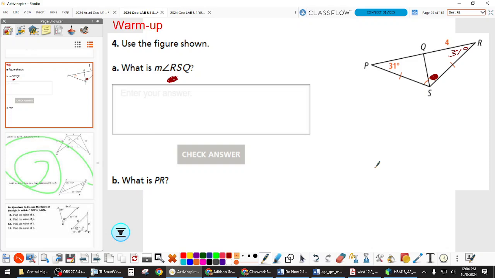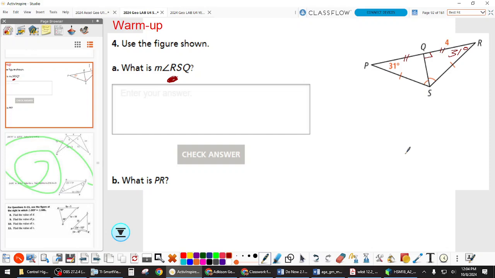Good. And the fact that those two angles are congruent is a pretty big deal, because what is that telling us about QS? Oh, nice. It tells us that that is perpendicular, which makes that a perpendicular bisector.